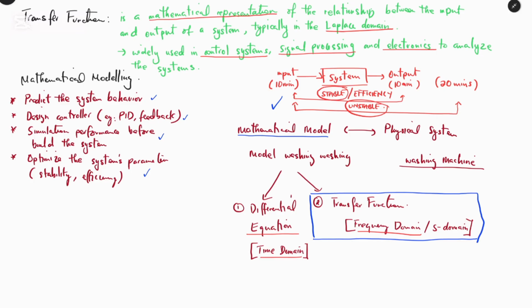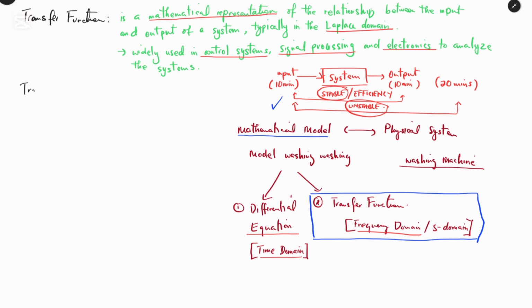Therefore, the transfer function notation can be G of s, where s represents the S domain, which is the frequency domain analysis.